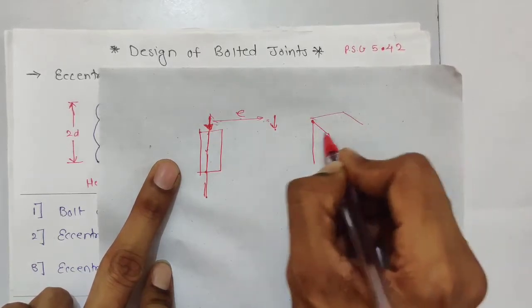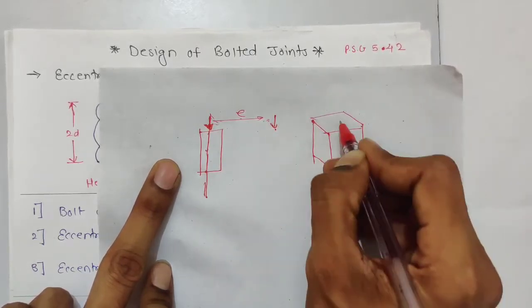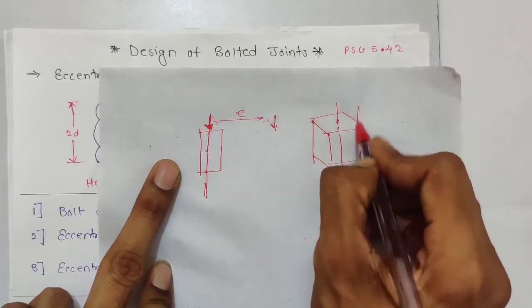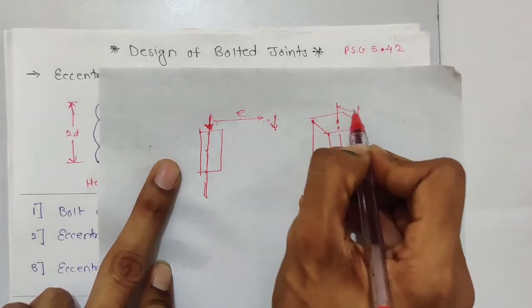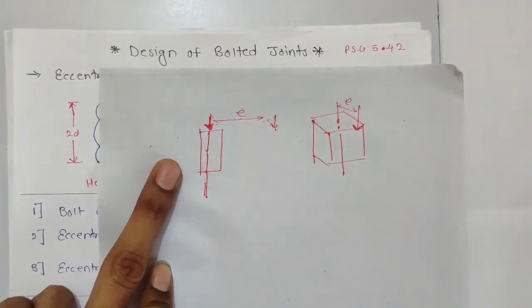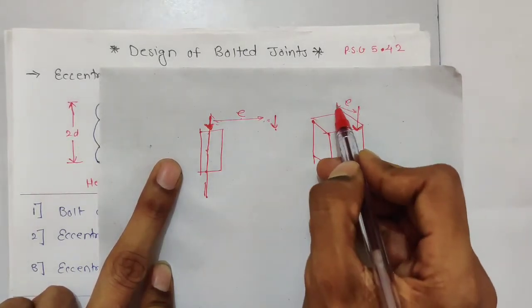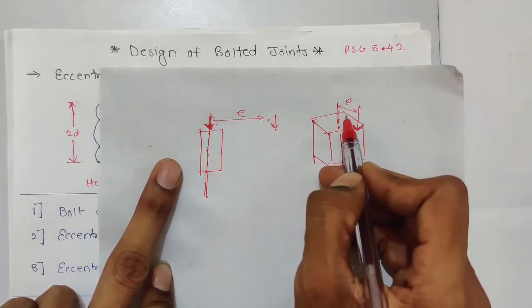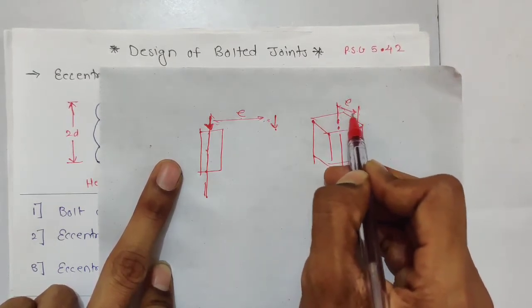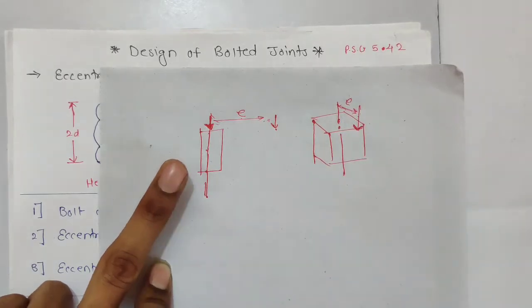If we have a component like this, and this is the axis, and the load is acting at this corner, then this will be the eccentricity. If it is on the axis, then we call it an axial load. If it is acting at eccentricity E, then it is eccentrically loaded.